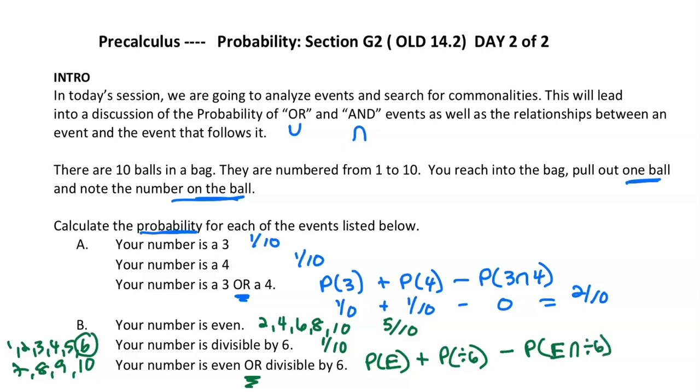The probability of even was 5 out of 10. The probability divisible by 6 is just 1 out of 10. Minus 1 out of 10. We can't double count, and that's going to give me 5 out of 10. So by doing that subtraction, we avoid double counting.